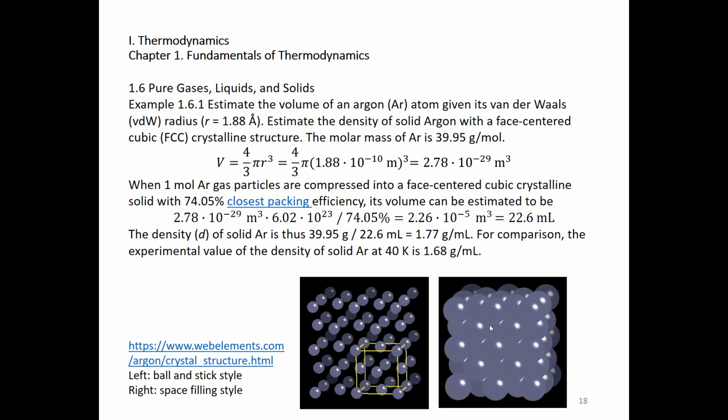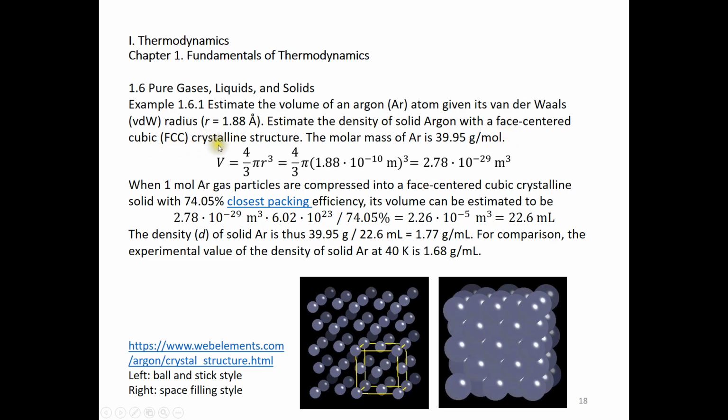And now we're going to use a numerical example to estimate the space a helium, but in this case, argon atom occupies. We're going to estimate the volume of an argon atom given its van der Waals radius. R is 1.88 angstroms from literature, and we're going to estimate the density of solid argon with a face-centered cubic crystalline structure.